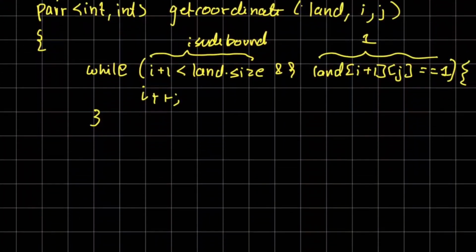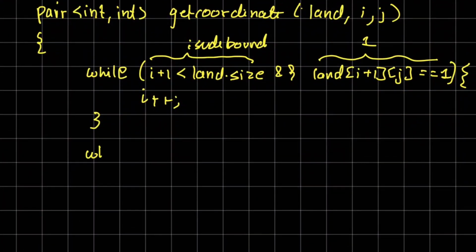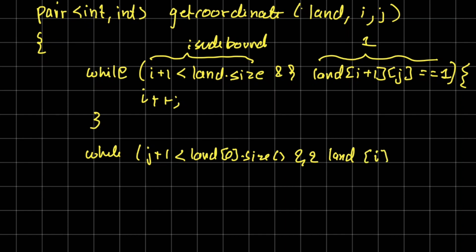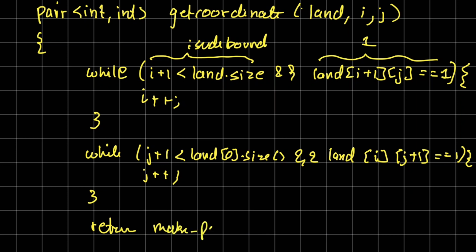So now we have to move j to the bottom. So what we will do here is, while j plus 1 is less than land 0 dot size and land of i and j plus 1 is equal to 1, we will increment j, so j plus plus, and here we will return make pair i, j.